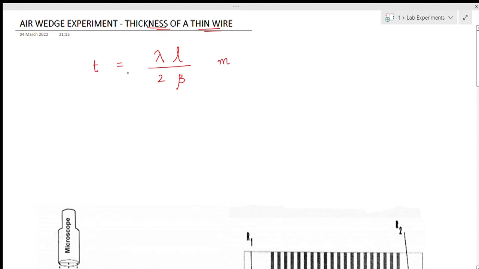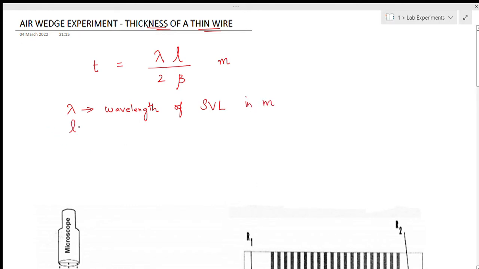The expansion of the symbols is to be written along with the relevant units. Lambda is the wavelength of the given source. The source provided will be a sodium vapor lamp. The unit is meters.